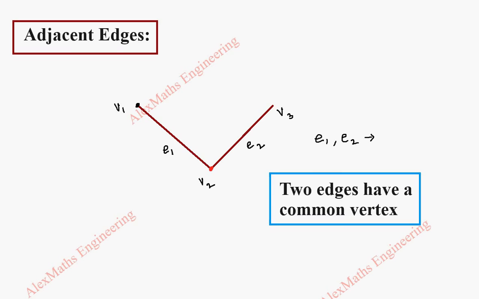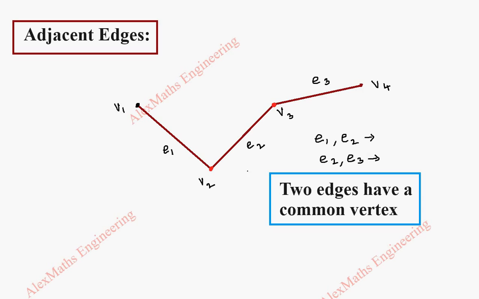In the same way, if I have another vertex V4 and this is our edge, let's name this edge E3. Both E2 and E3 have the common vertex V3.